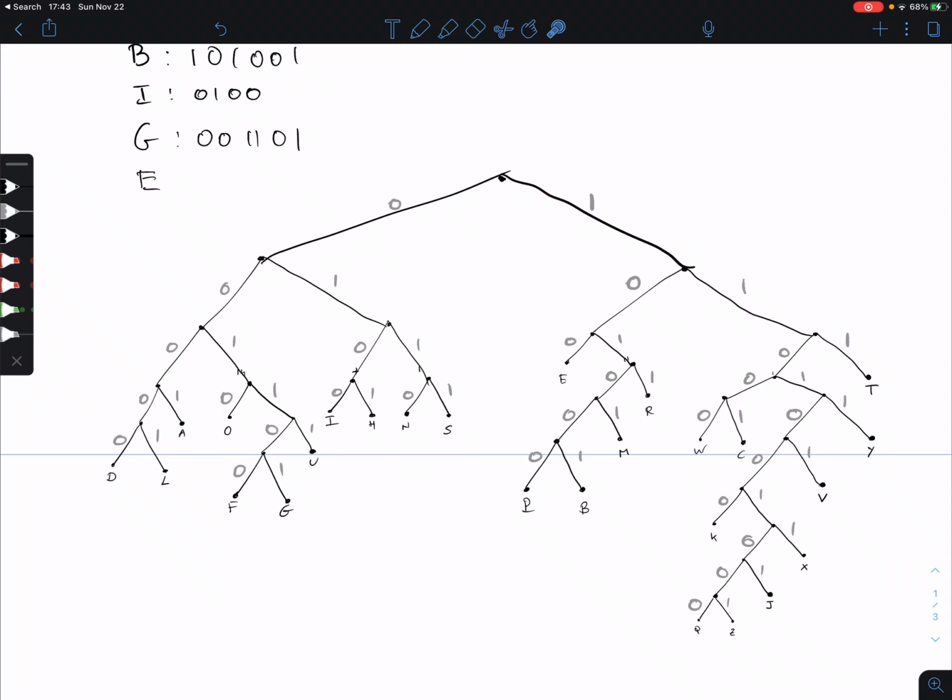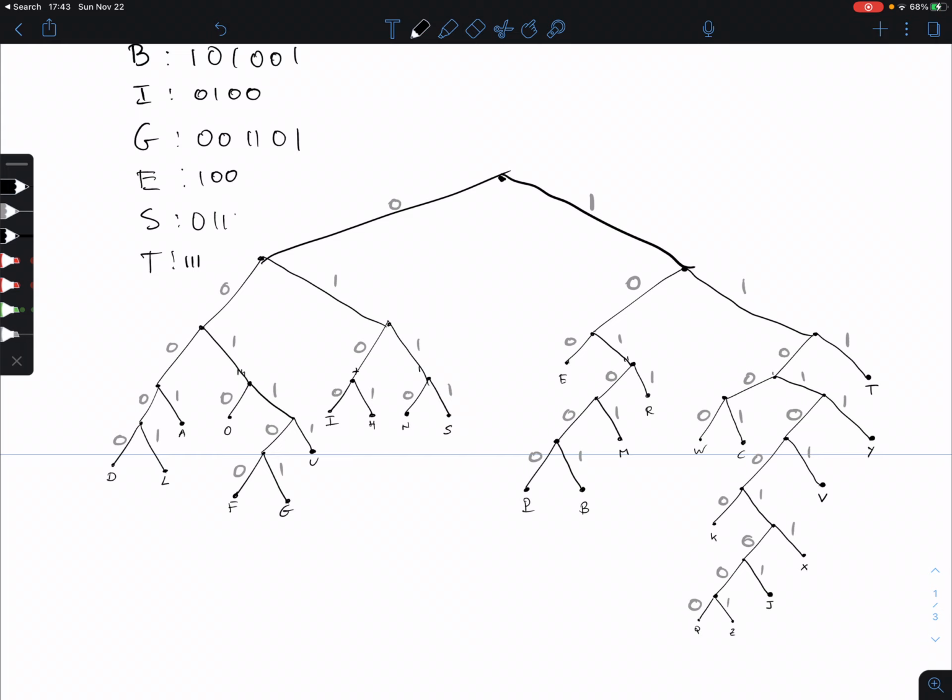The next frequent letter would be T, and you see it also has a path of length 3. So these are the two, S and T. We just did T, 1, 1, 1. So let's do S. S is here, and it is 0, 1, 1, 1.